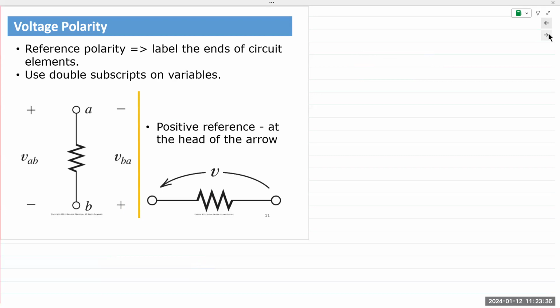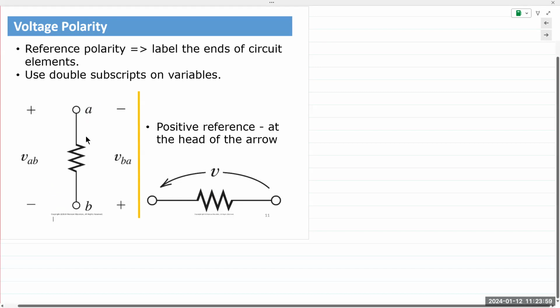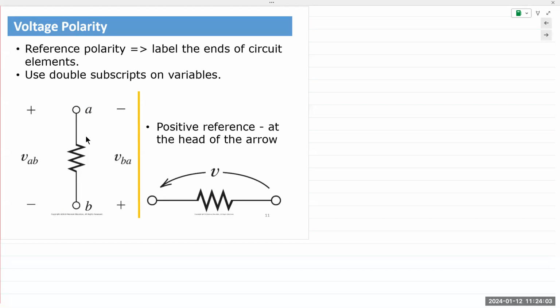But if you're talking about the two ends of the terminal, A and B, then we would say VAB refers to the voltage that is being measured at A with reference to B. Voltage measured at A with my reference at B. So B is minus, A is plus. Conversely, VBA simply means voltage being measured at B with my reference at A.